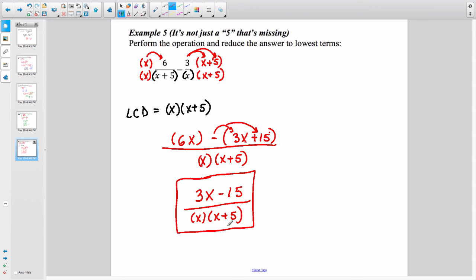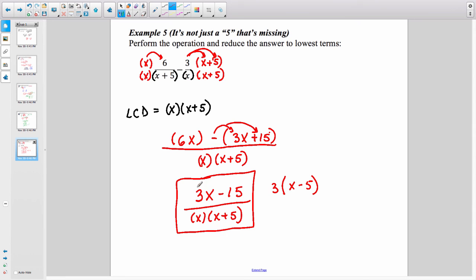Now what's tempting is the x plus 5 on the bottom, and when I look at the top, I know my GCF is a 3, so I'd like to pull it out of the top term so it looks like this now. But that doesn't exactly match the x plus 5.